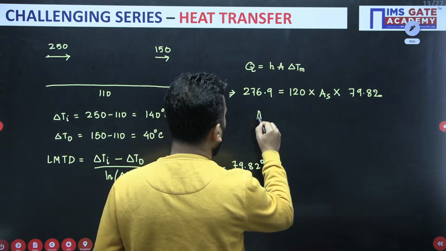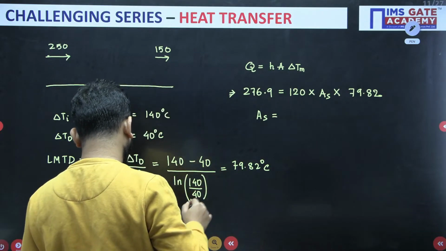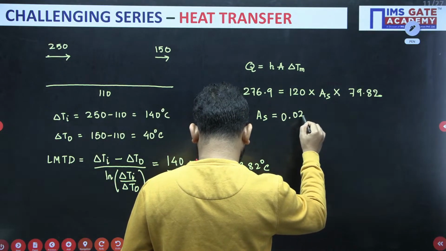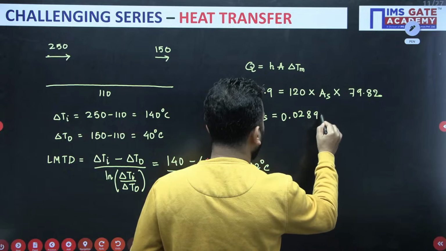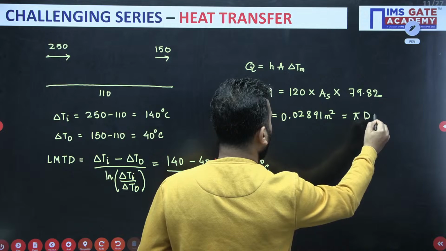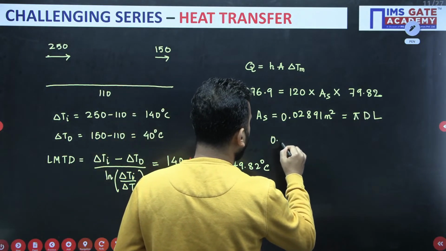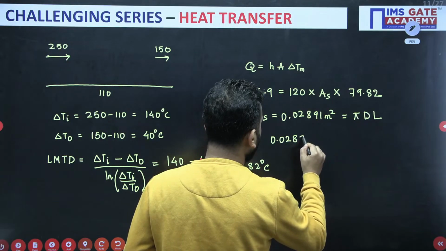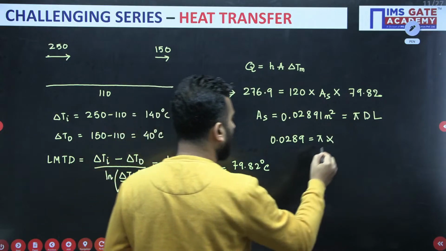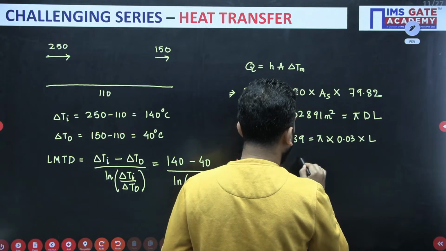So from here, what is As? And this As should be equal to pi d L, so that we can find L. Dia is 0.03.